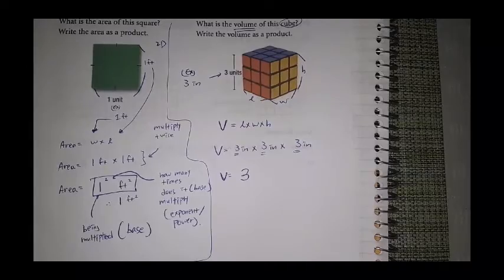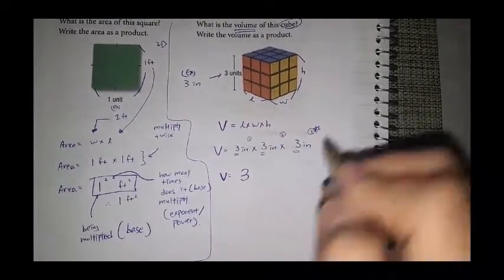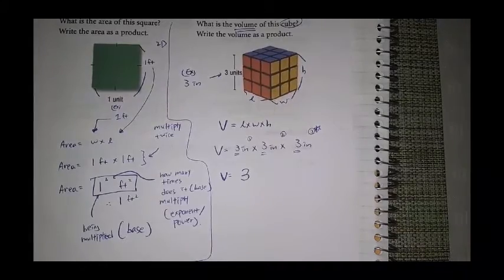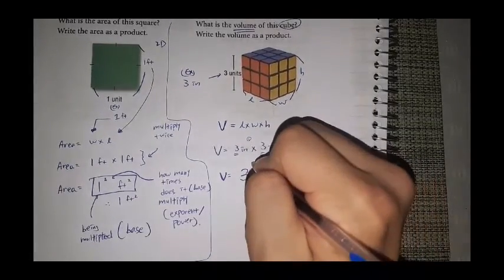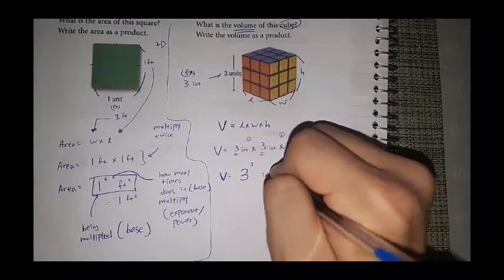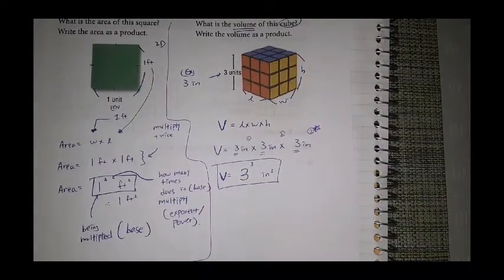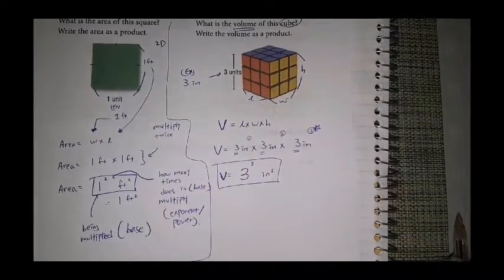And then you need to think about how many times. I have 1 time, 2 times, 3 times. So in total, we have 3 different multiplication sequences happening. So you can say 3 to the power of 3. And my unit is cubic inch. This is your exponent way of describing this entire situation.